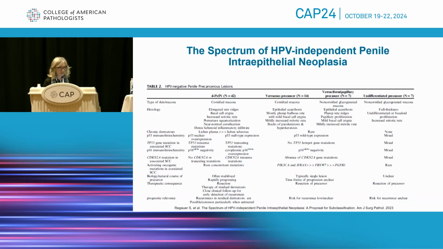So if we look at that, and I will go over this with you because I think it's extremely helpful to understand these precursors. So there is a pathway that goes through P53 and CDKN2A, and there is a pathway that goes through, and this is all in HPV-independent neoplasia, PIK3CA and HRAS.